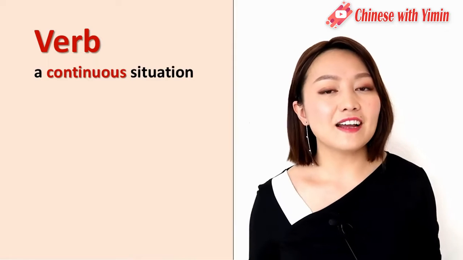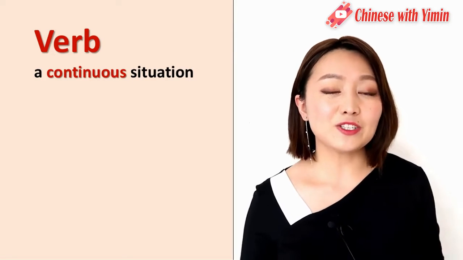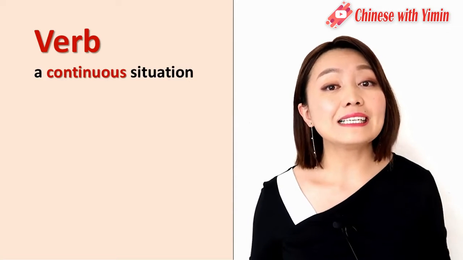Now, another kind of verbs. Unlike the previous one, this kind of verb is not an action. Instead, it's a continuous situation, a continuous condition. They don't have a clear start or a clear end.